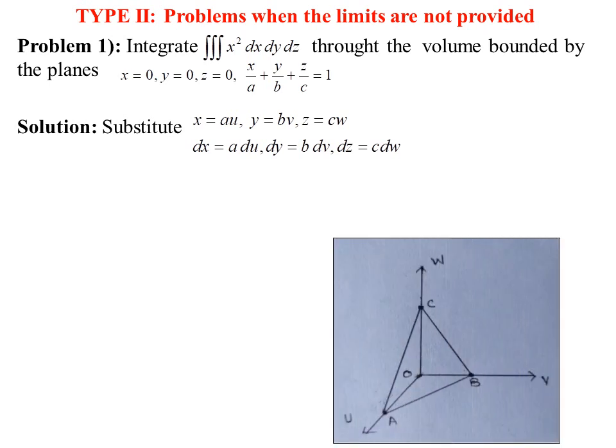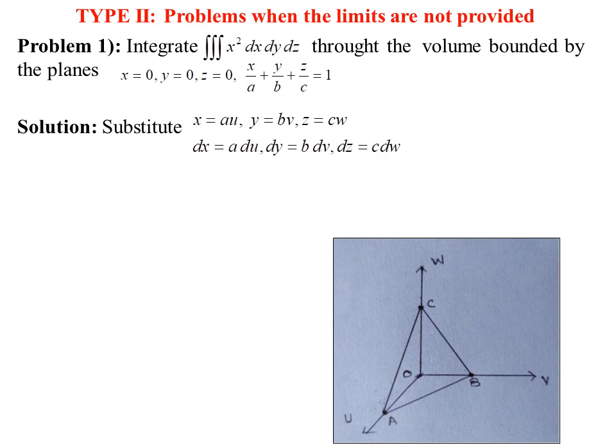So along with this substitution we are going to get the tetrahedron which is defined by the given equations in this way. So x axis will convert to u axis, y axis will convert to v axis and z axis will convert to w axis, and this is our plane ABC which is having intercept with u, v and w respectively.